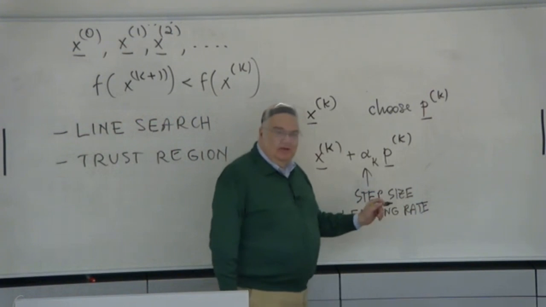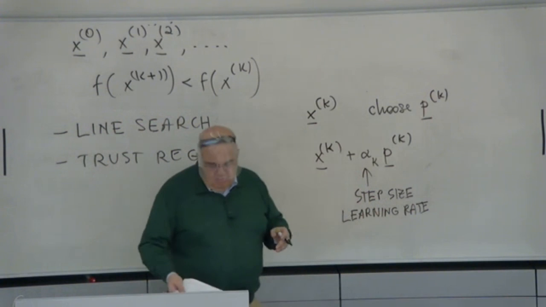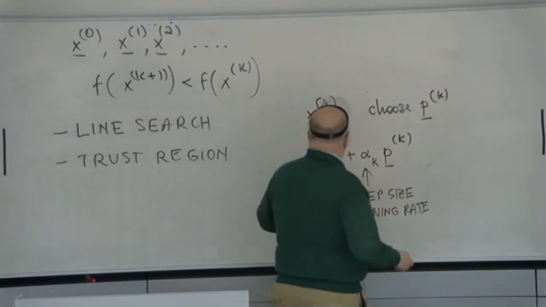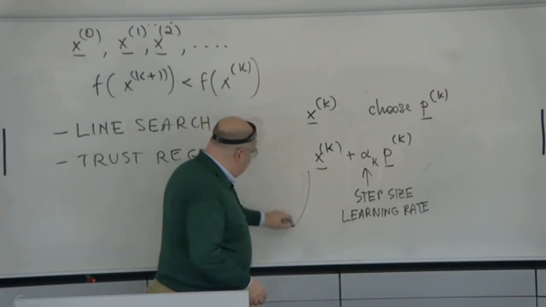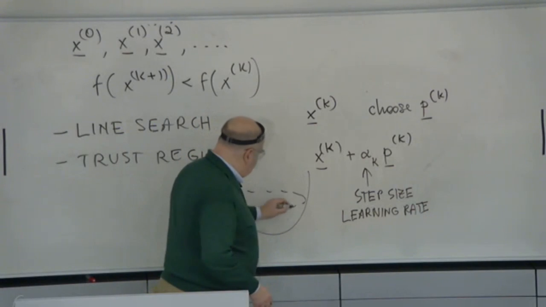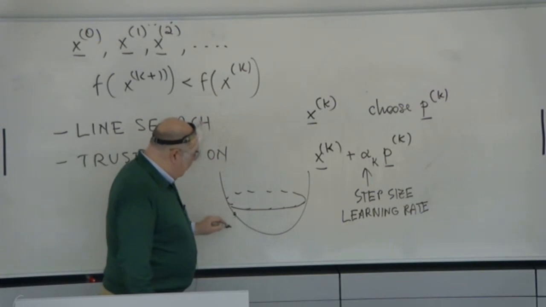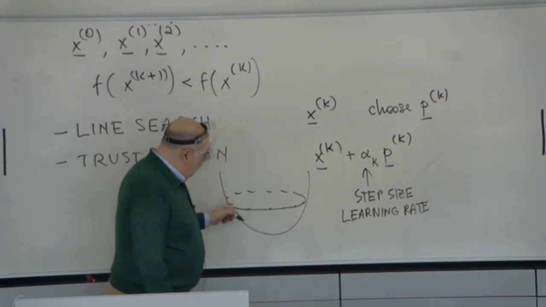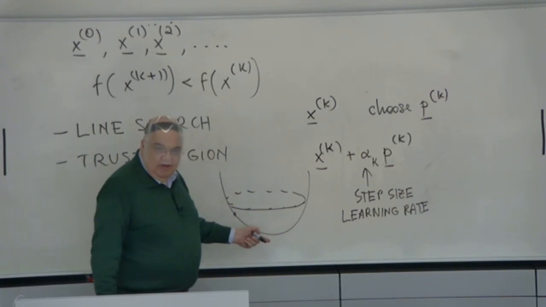Well, what is the best way to choose the step size? Think that you're moving along a surface, for example the interior of a sphere. You are here somewhere, and you move along one of the directions. Of course, you are going downwards, which is a good thing.